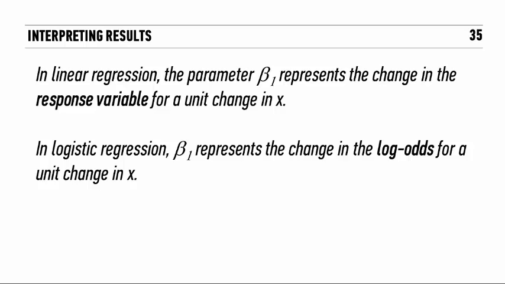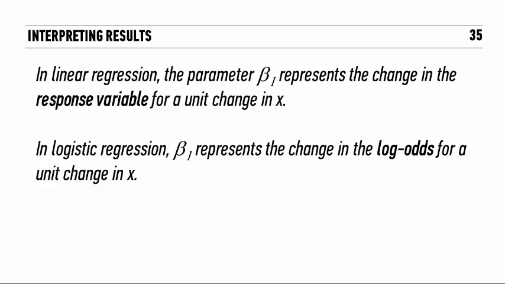Now, at this point, I'd like to make the note that this is why it's called logistic regression. You're solving an equation that is the same form as a linear regression, but the response variable is not y, it's the log of the odds.